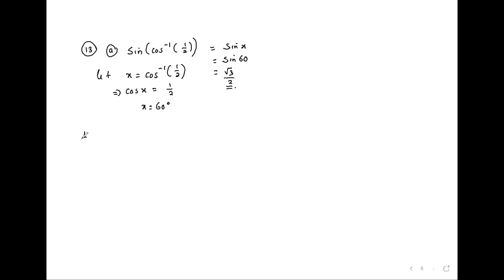Very interesting. So we go to B. B is cos of sine inverse of half. Again, we let x be sine inverse of half, meaning we want to find cos x when we know what x is.